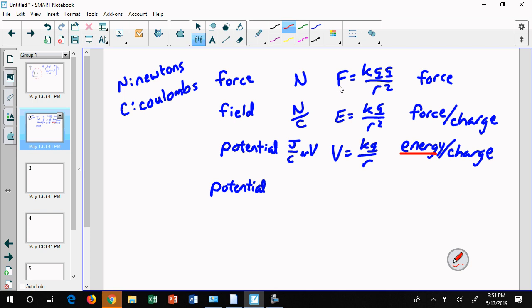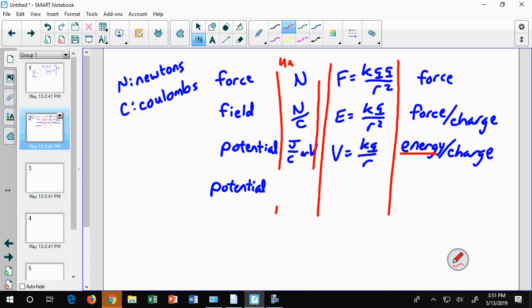Is that what you're asking? I'm giving you lots of different columns. These are the units. These are the equations. These are on your equation sheet. These are like the definitions. And these are just the name of the thing.